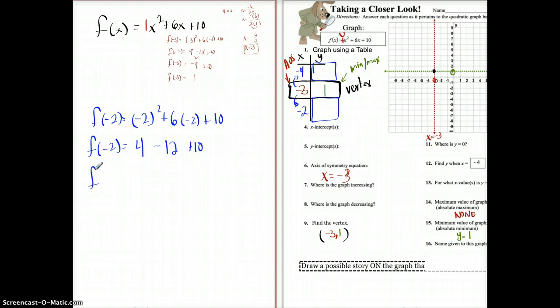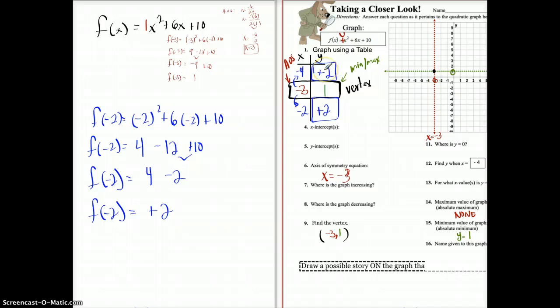Okay, so again, when you're adding or subtracting these items, you can do them in any order you want. I can do 4 minus 12 and then plus 10, or I can do -12 and 10. I'm going to do these two first because, I don't know, in my head it makes sense to me. 4 and then -12 and 10 make -2. So f of -2 equals +2. So I have a +2 here, and like we said, they should match, so this should also be a +2. Okay.